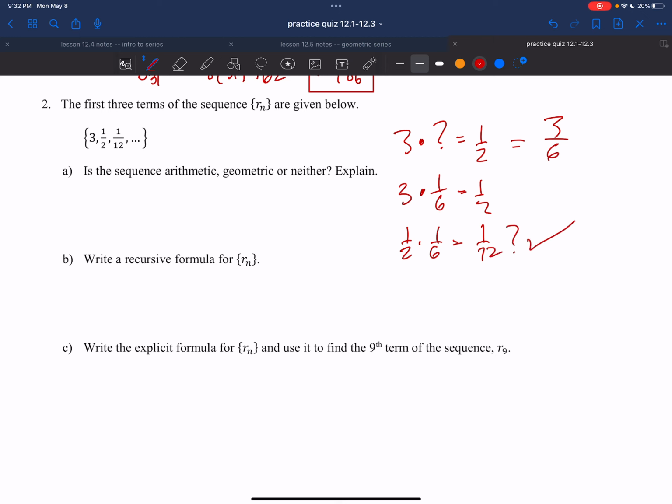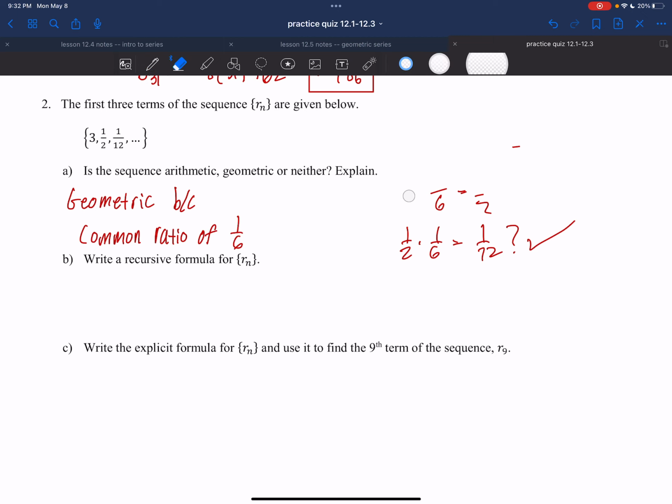Yes, I would. So it looks like there's a common ratio of 1/6. Geometric, because common ratio of 1/6. Okay? I'm multiplying by 1/6. That's the common ratio.